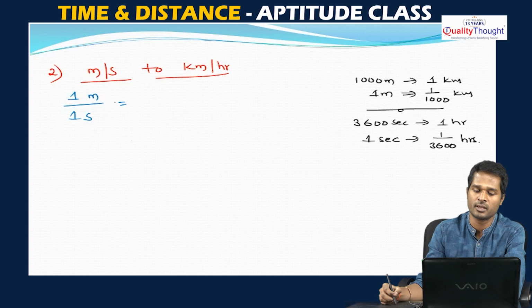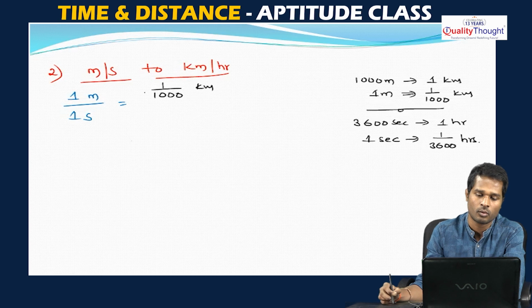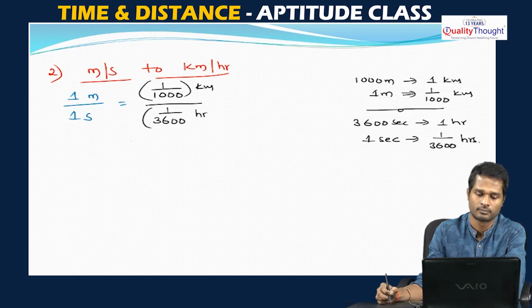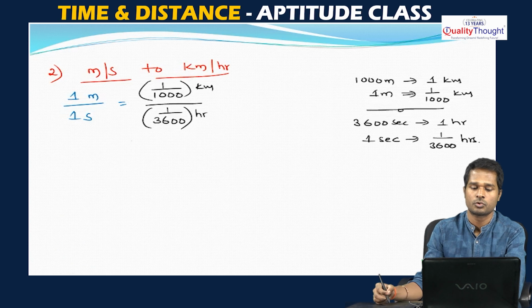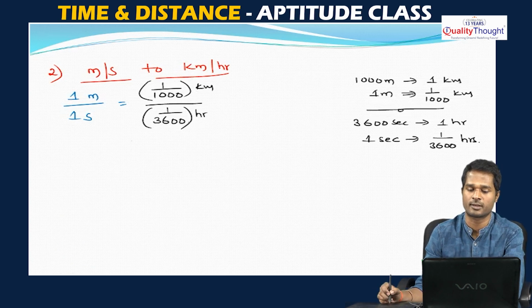Now we'll write the same thing here. So 1 meter is 1 by 1000 kilometers, and 1 second is 1 by 3600 hours.